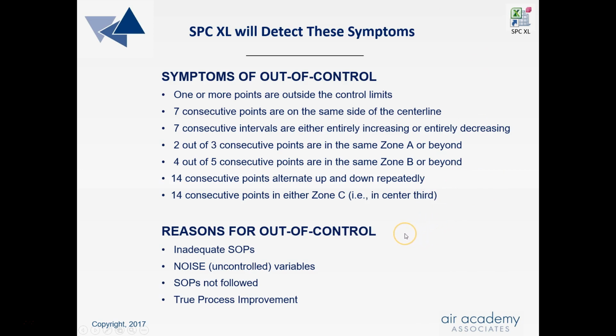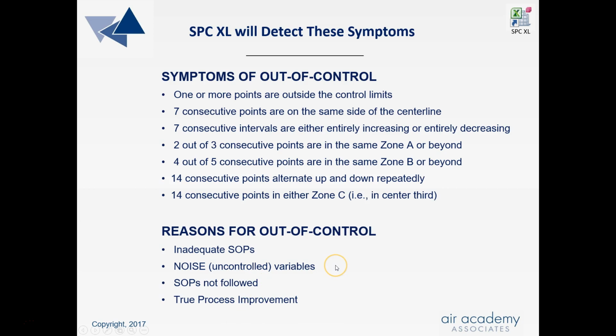When we hear that in the English language, typically that means bad things. And of course, it can be bad things, but it can be good things. It can indicate true process improvement, as well as not having good SOPs, standard operating procedures, noise variables interfering with our process, and standard operating procedures not followed. But it could also indicate true process improvement.